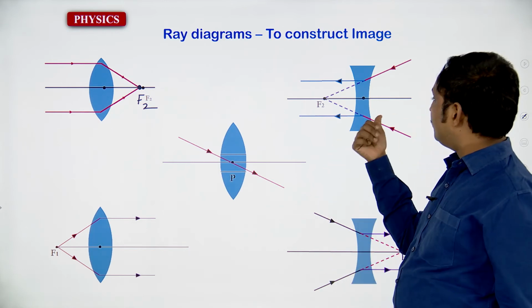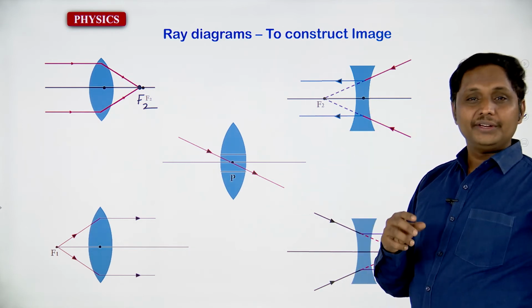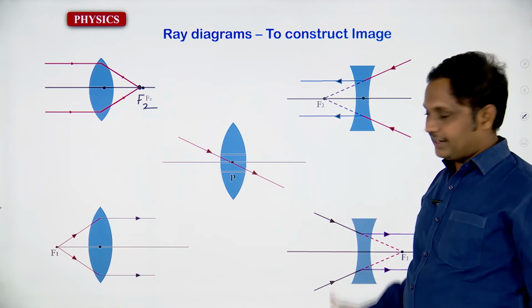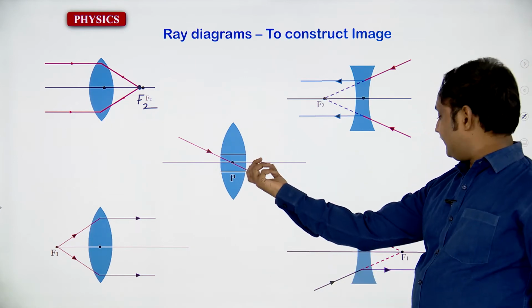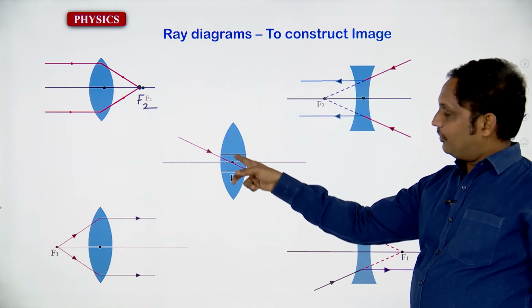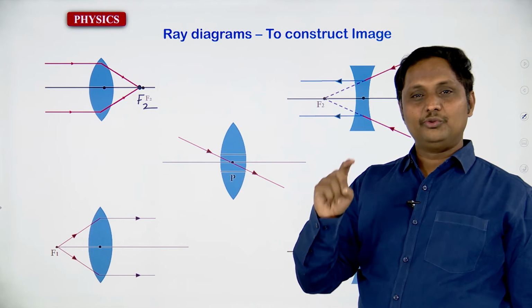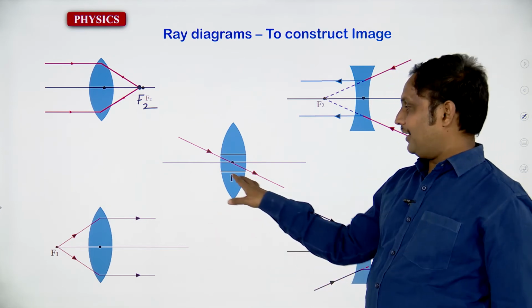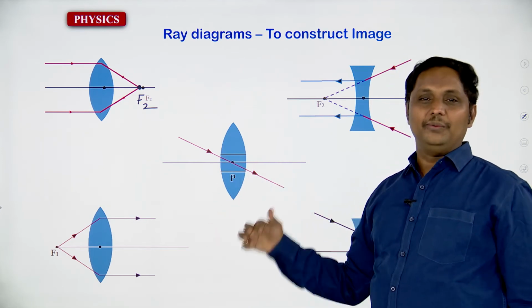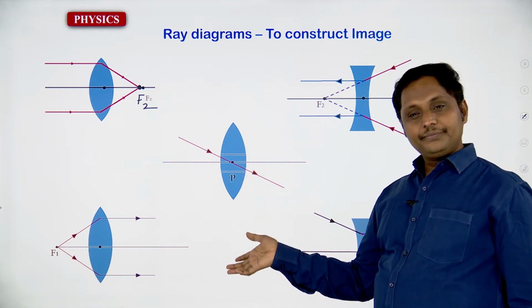That was observed in case of the concave lens. There is one more case: the ray passing through the center of the lens is undeviated, the unaffected light ray. Just see the optic center.